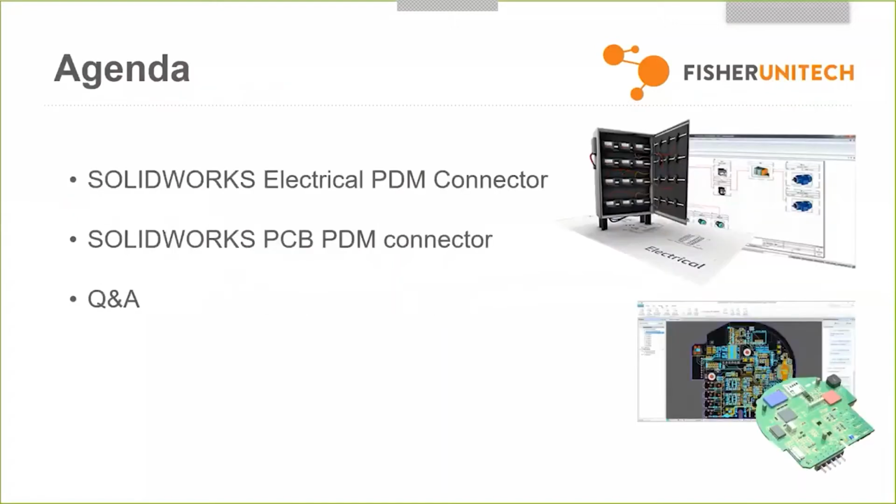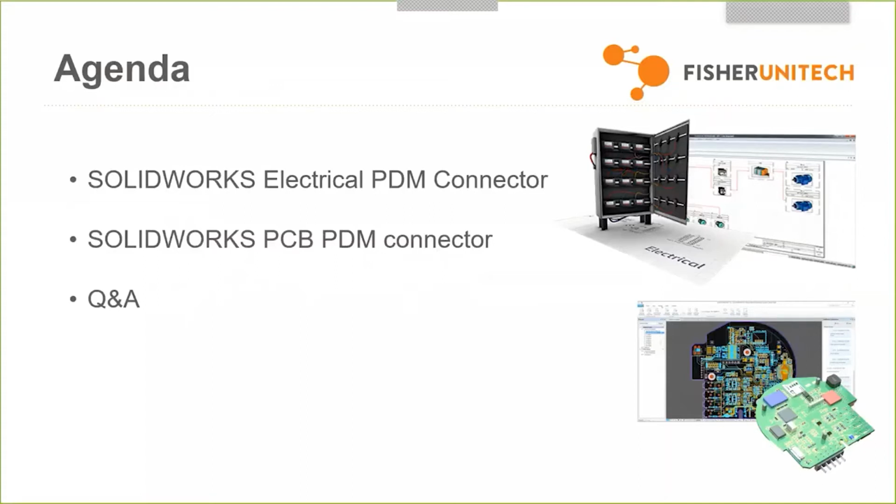But today we are going to talk about the electrical PDM connector. There is one for SOLIDWORKS Electrical Professional, and there is one for SOLIDWORKS PCB. This enables you to connect to SOLIDWORKS PDM Professional. It doesn't connect to Standard, you need PDM Professional.